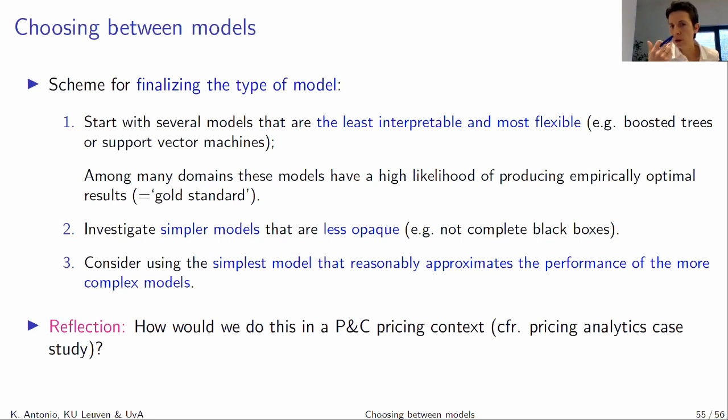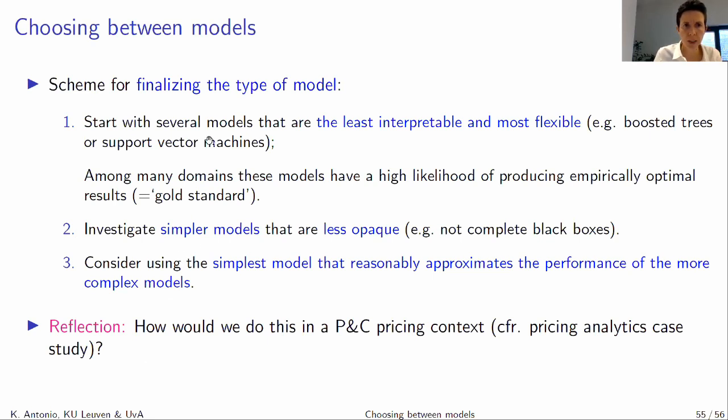Of course, you would only do this if there is really a necessity to go for more interpretable models. But in an insurance context, that typically might be the case. Think about pricing. You have to explain to different stakeholders how you construct these pricing models. So there might be a value in approximating your more complex models with simpler models.